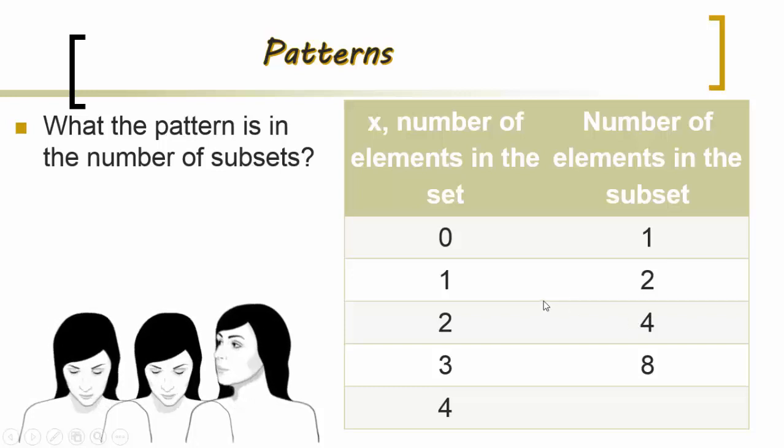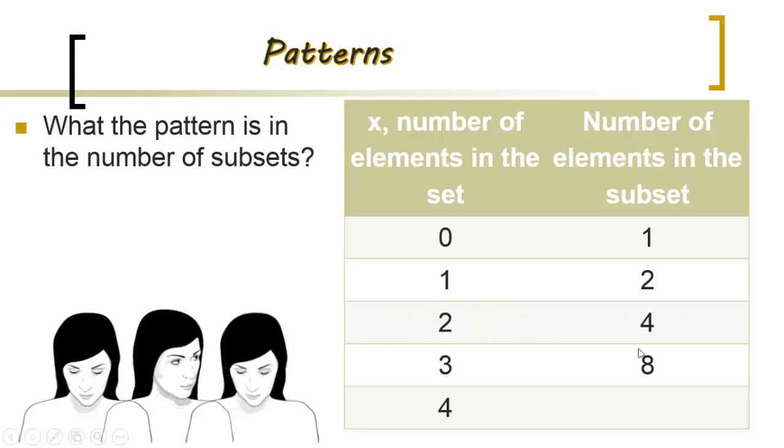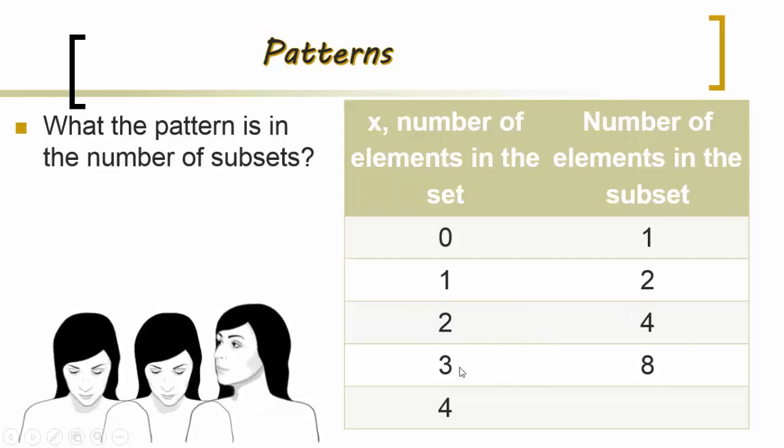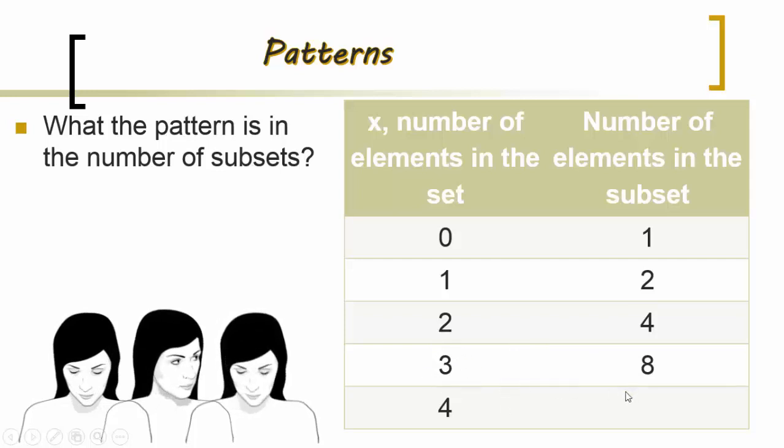And then we found in example number 12 that if we have 2 elements, say A and B, we got 4 subsets. And then in example 13, which had 3 elements, we found that we had 8 subsets.